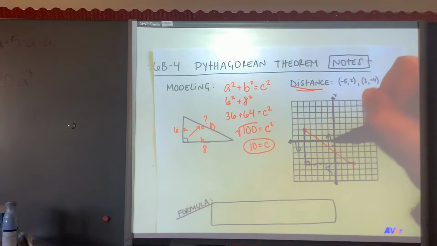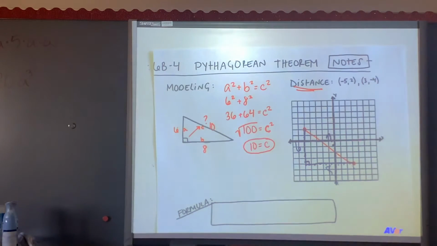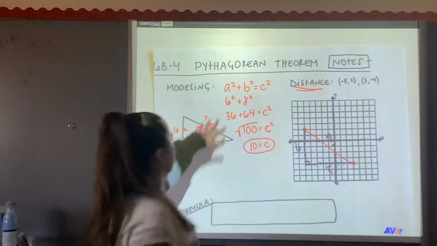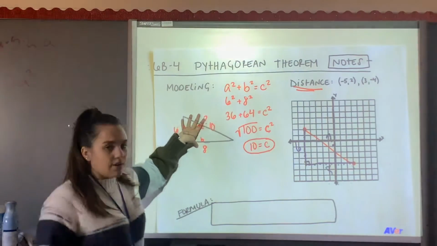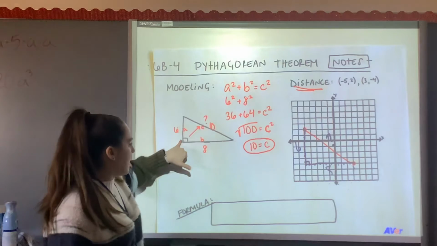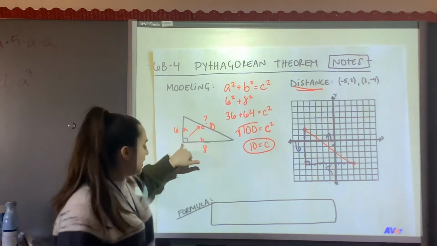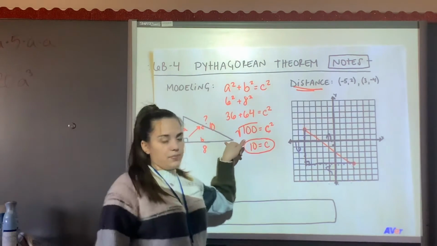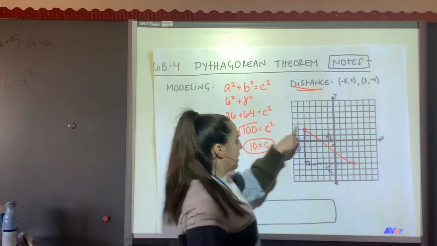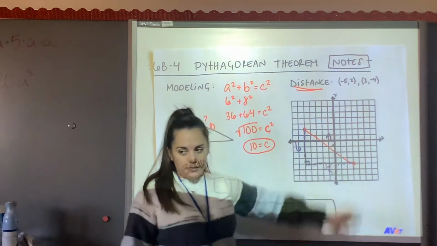I would use the Pythagorean Theorem to find the missing side, which is what I just did. I had a triangle that was not on a graph with side lengths of 6 and 8, and I figured out that the missing side was 10. So that's exactly what I could have done here.